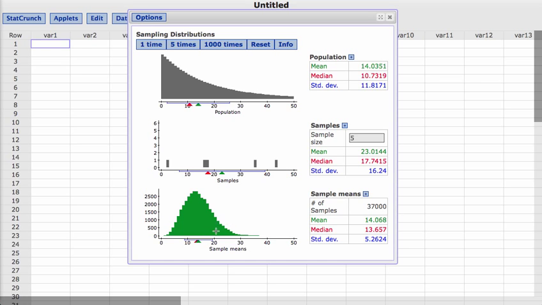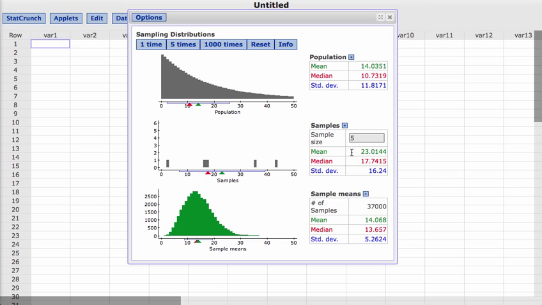It's not as skewed right as it was. It looks a little bit more bell-shaped, but it's still skewed a little to the right, skinnier on the right than on the left. So when I increased my sample size from 2 to 5, it made it a little bit more bell-shaped.